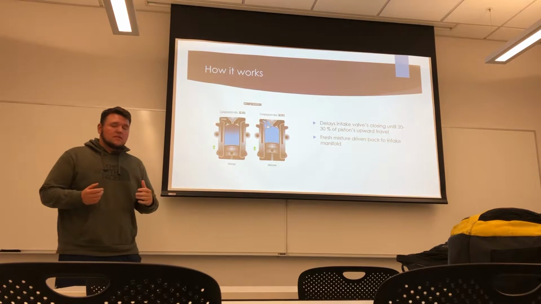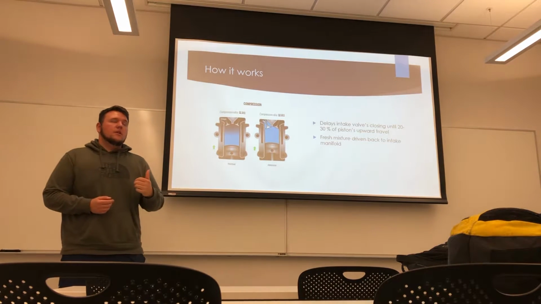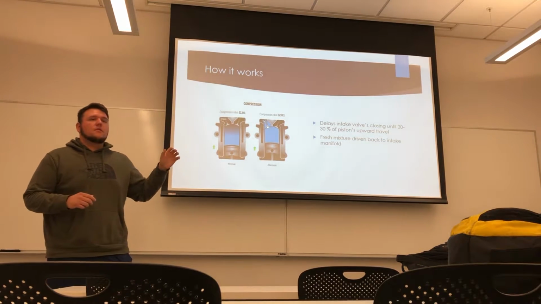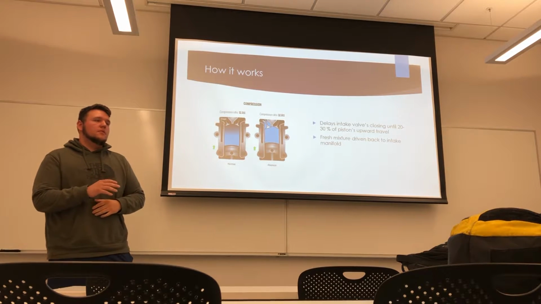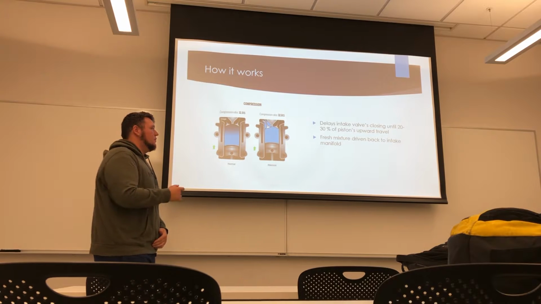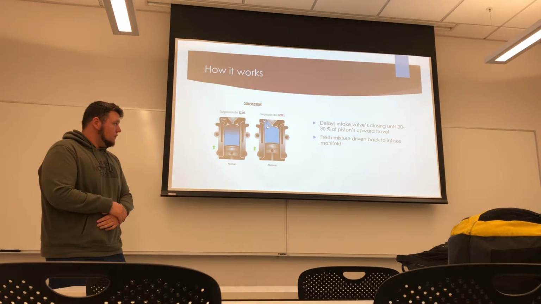And since these are used in 4-cylinder engines, we know that one of the cylinders is in the intake stroke, which, because during this compression stroke the intake valve is open, pushes that air and fuel back into the intake manifold, which in turn creates less losses.